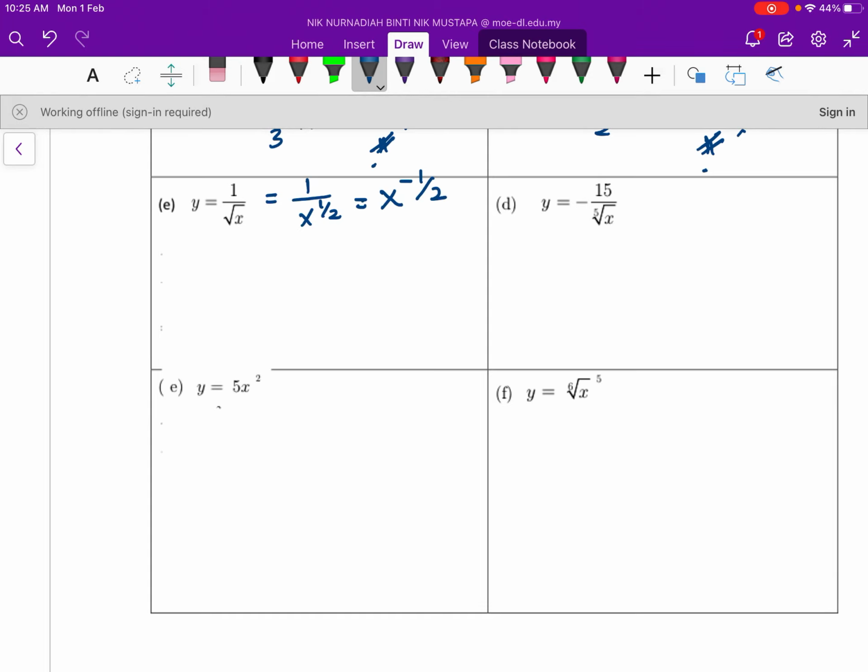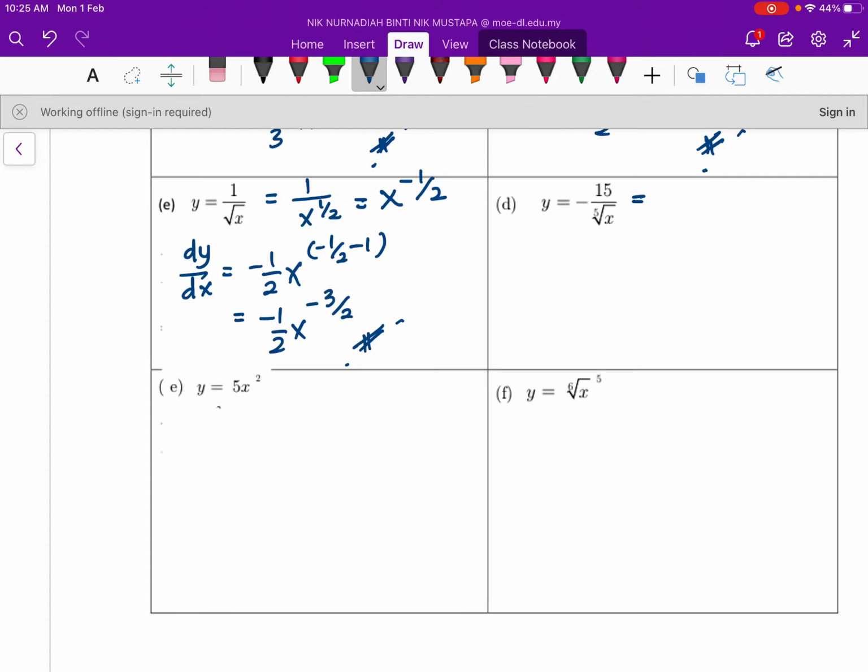And then we can carry out the process of differentiation. dy over dx is equal to bring down power, negative 1 over 2 x, and then reduce power, negative 1 over 2 minus 1. So it will become negative 1 over 2 x to the power of negative 3 over 2. So that's our answer. You don't have to worry about the surd. First and foremost, make it in the power form dulu.